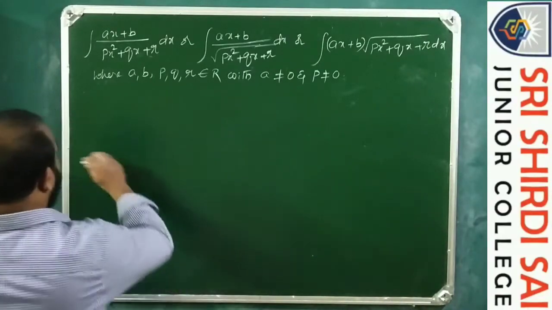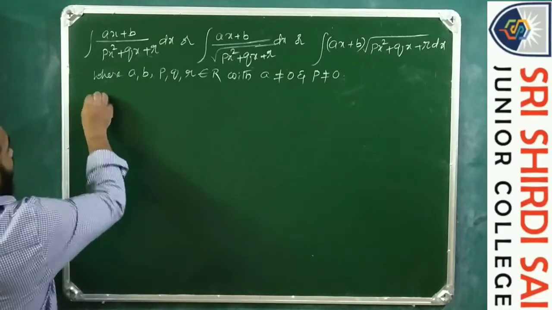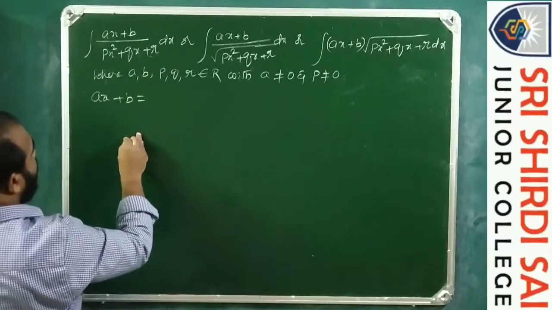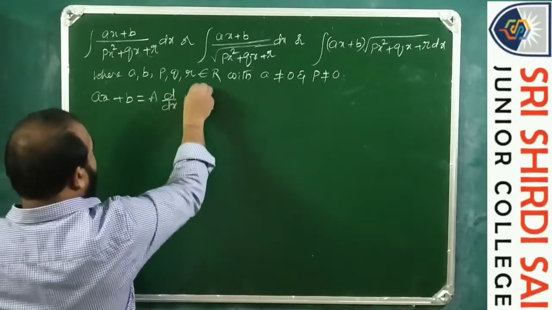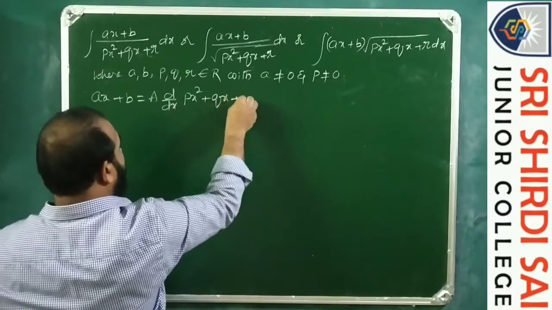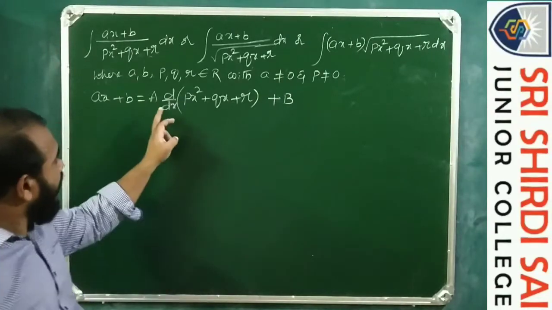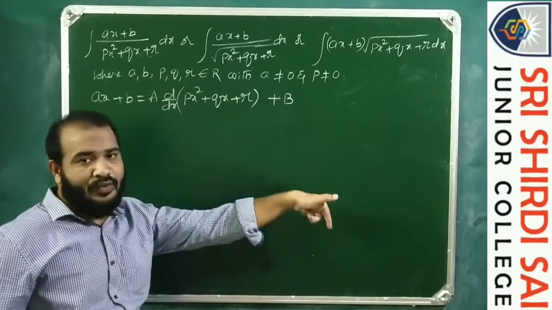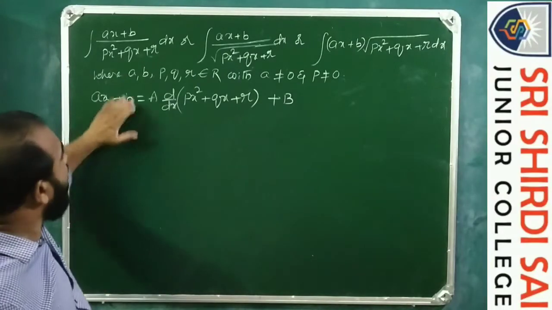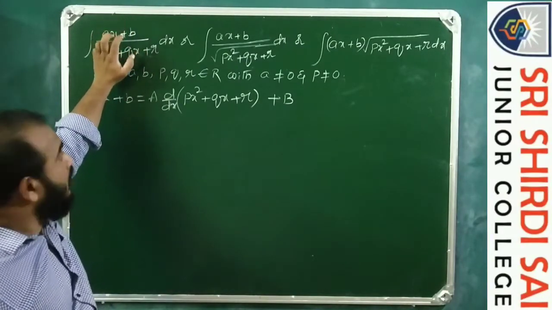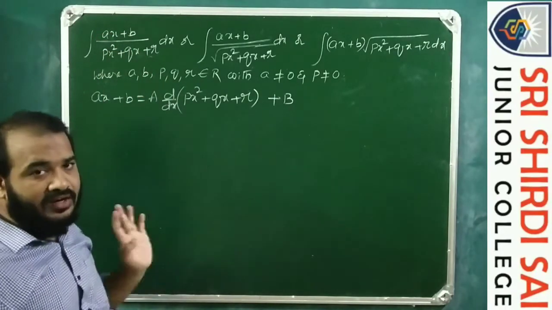The working rule for this is ax plus b is equal to A into d by dx of (px square plus qx plus r) plus B, where A, B are constants to be evaluated. So this is the working rule to evaluate the integral which is a combination of a linear as well as a quadratic expression.